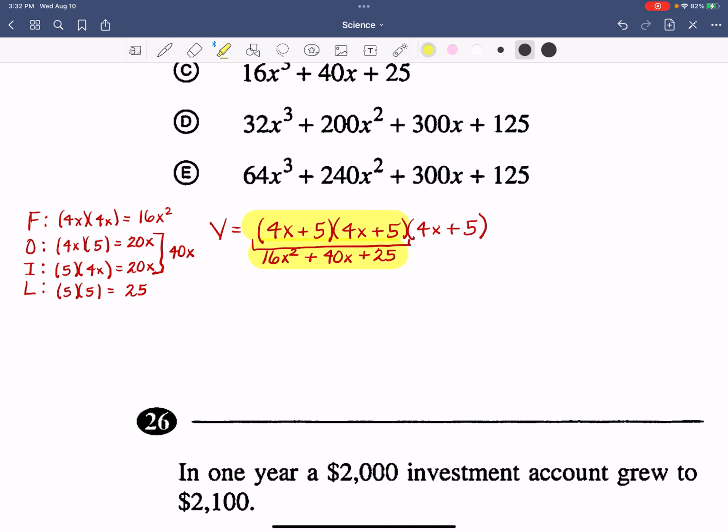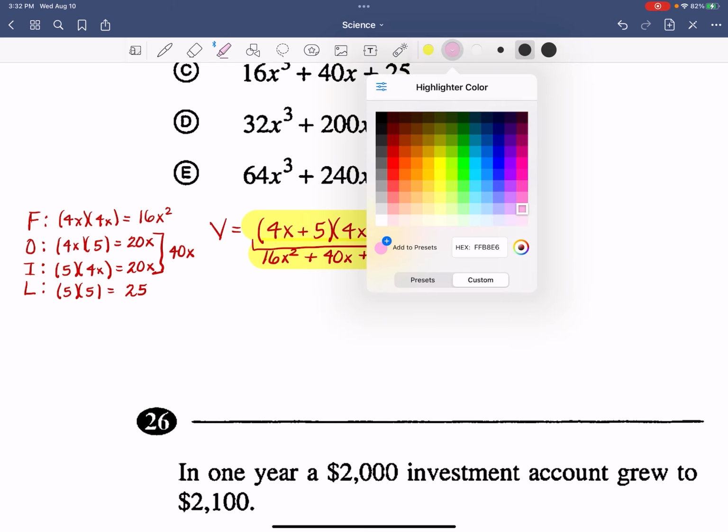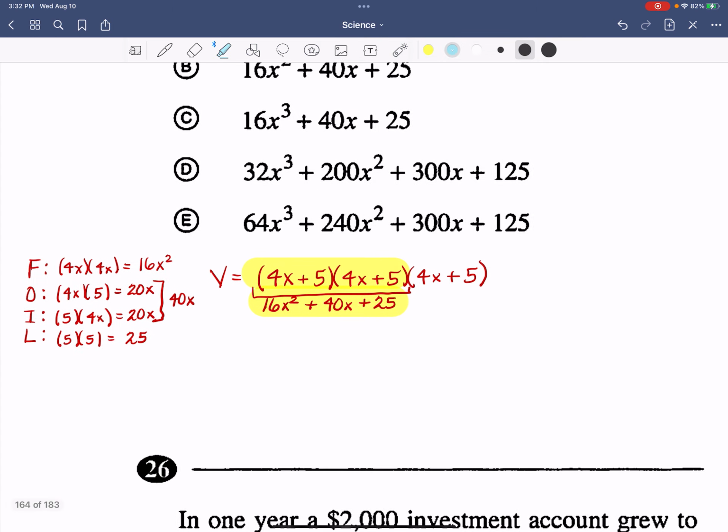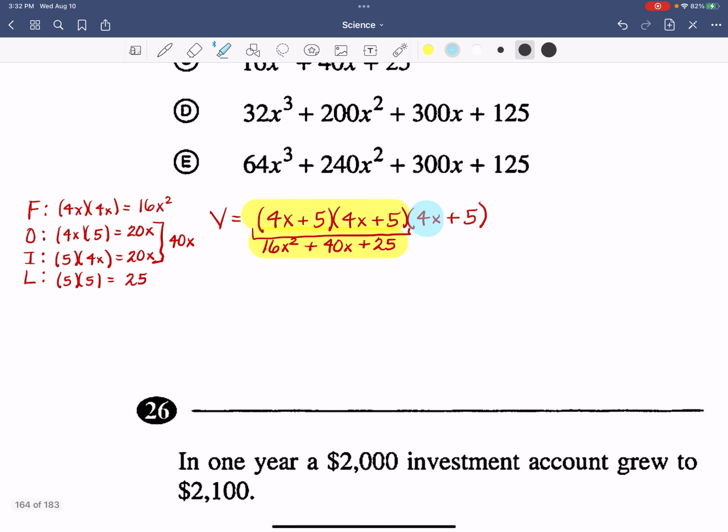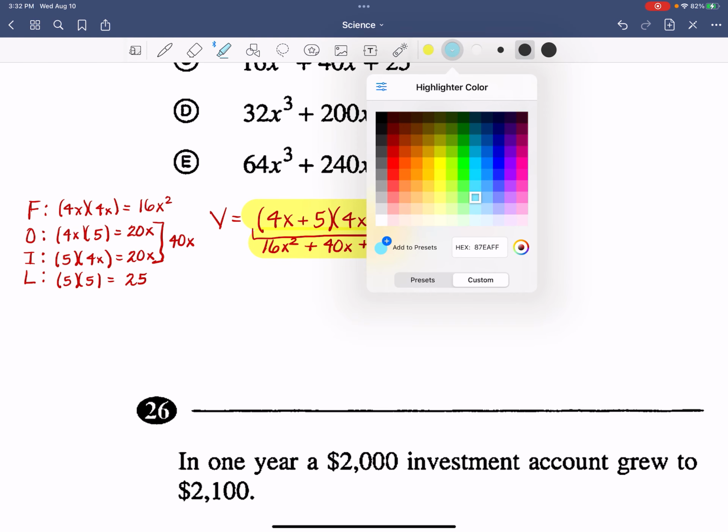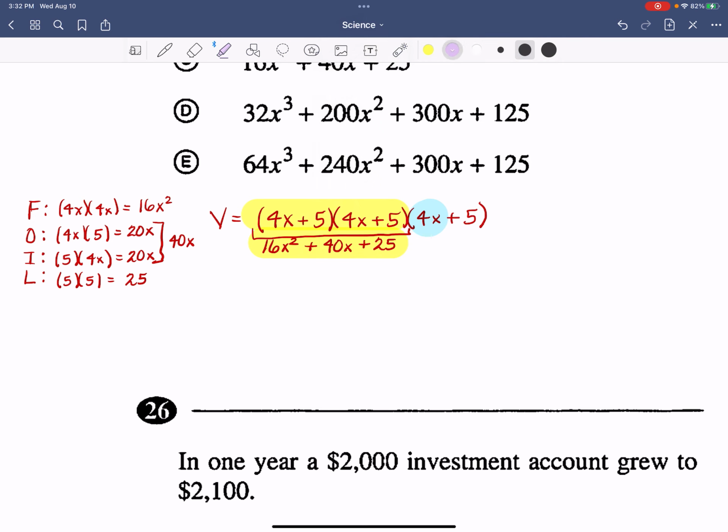Now I have a trinomial times a binomial. To do that, I'm going to have to use distribution, because I have to split that binomial. I have to split this 4x away from that positive 5.